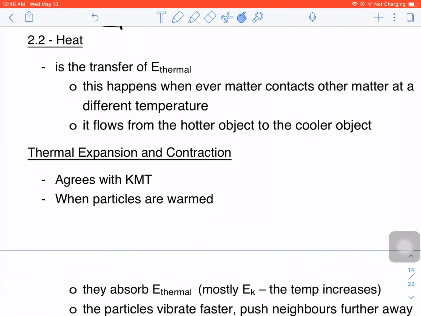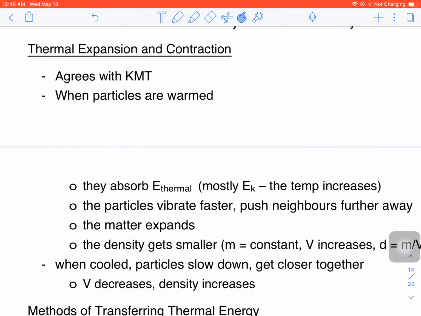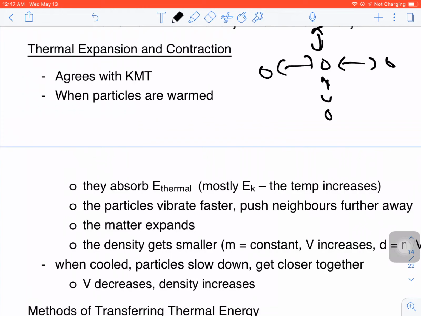Now, when we talk about thermal energy, if I give matter thermal energy, then it's going to cause the particles to move faster. If they move faster, they will vibrate faster and harder, and if they're vibrating faster and harder, they're going to push their neighbors further and further apart in all 360 degrees in 3 dimensions, and as they're doing that, it will cause matter to expand.